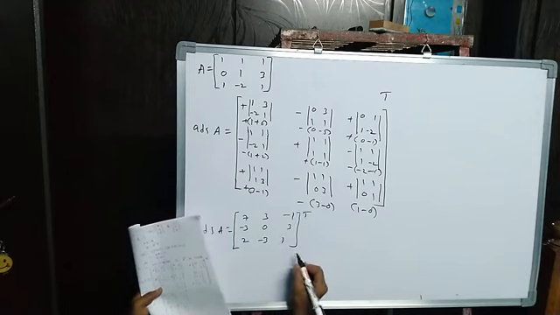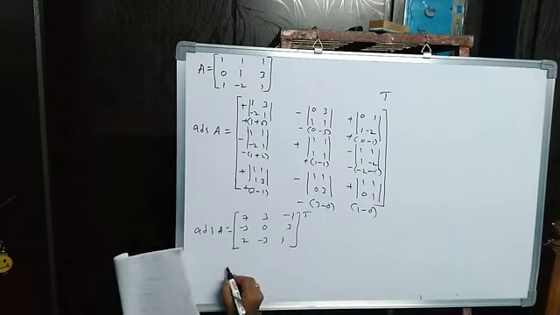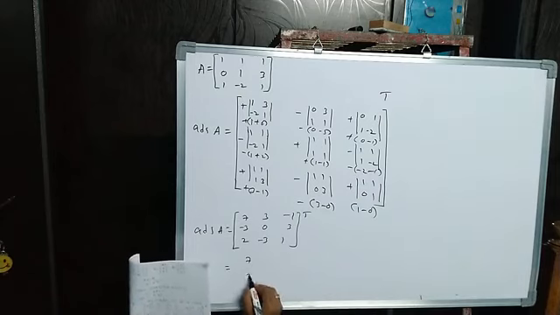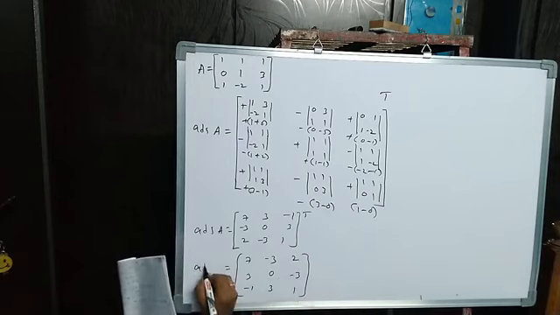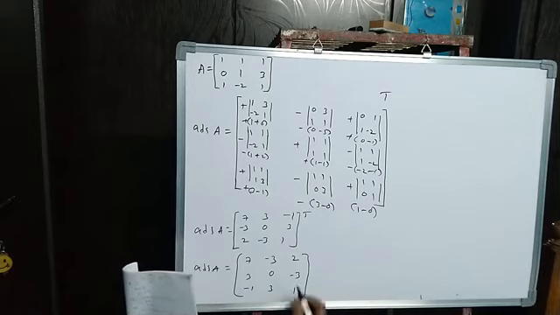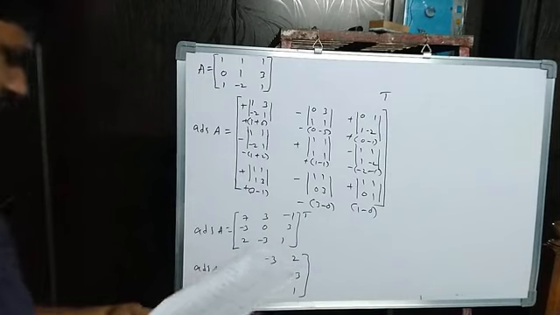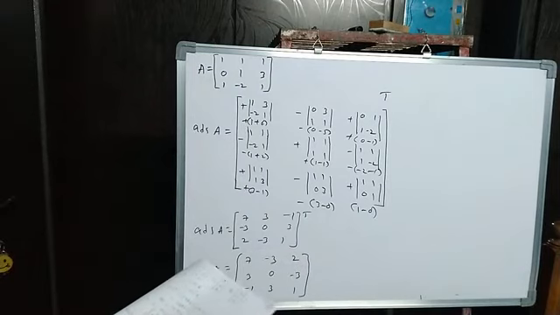It's a transpose, right? Don't forget the transpose. Now transpose that one. This is the adjoint. So the adjoint is 7, minus 3, 2, 3, 0, minus 3, minus 1, 3, 1.